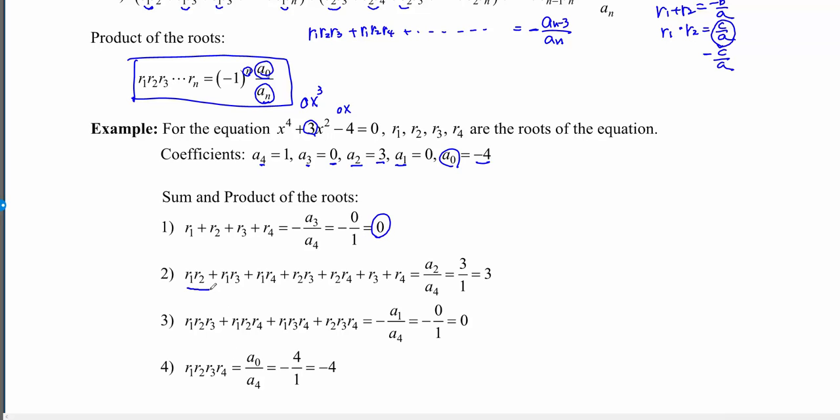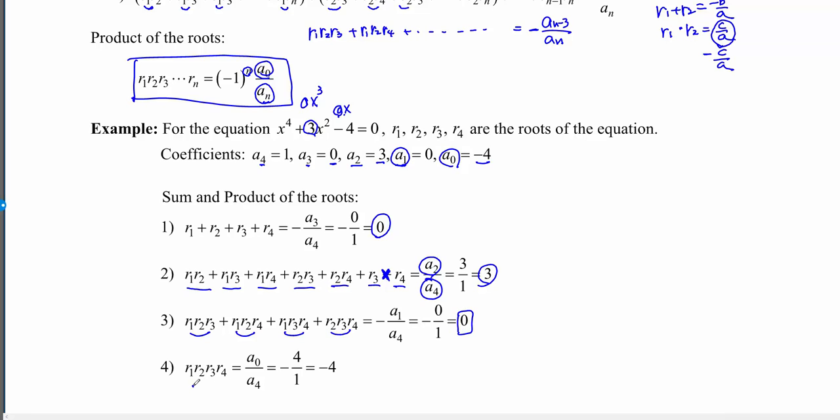This is the sum of two roots at a time, a2 over a4. Then the three products: the x term over the leading coefficient is still 0, okay?